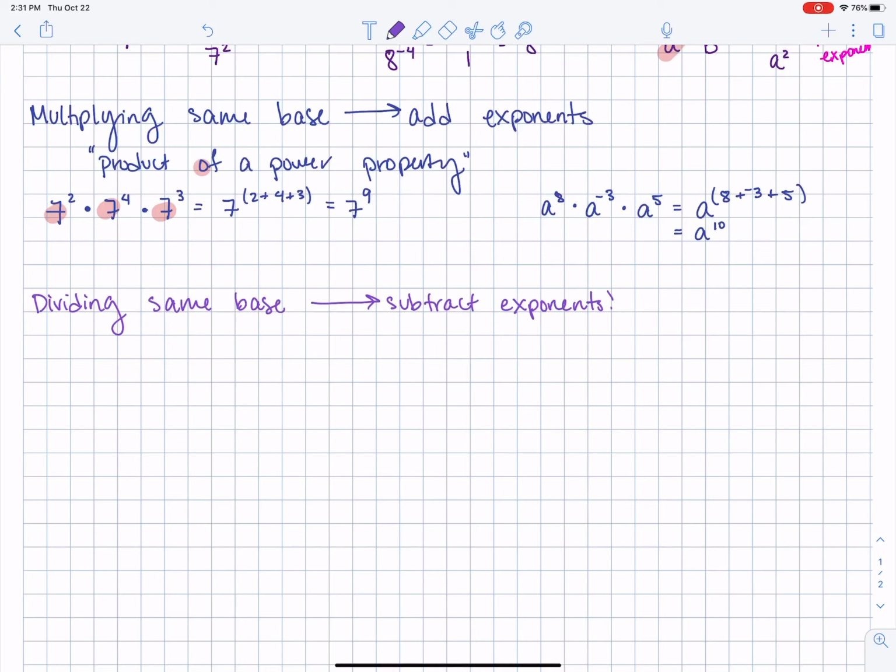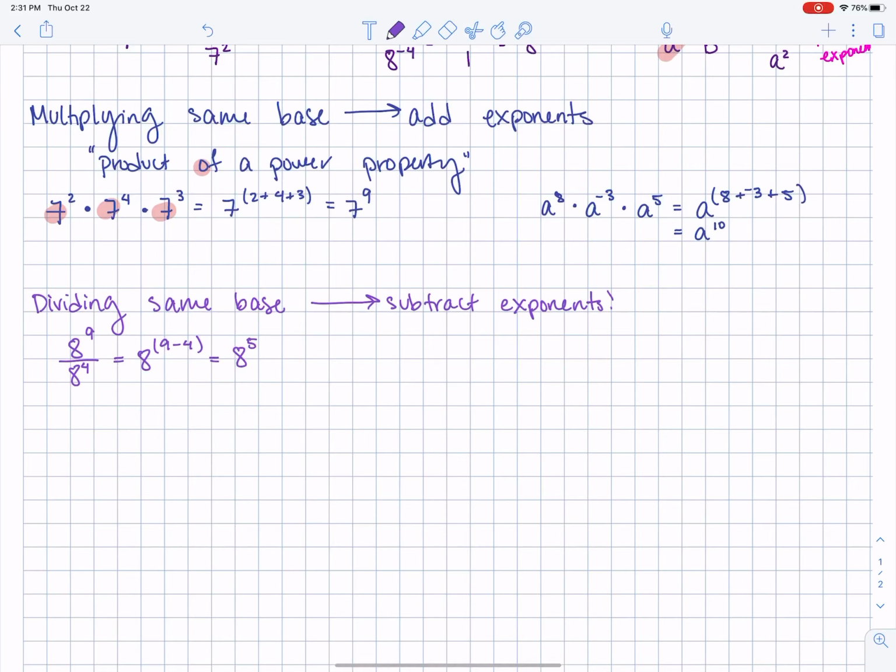Must be same base. So we might have something like 8 to the 9th over 8 to the 4th. That would give us 8 to the power of 9 minus 4. So when we take 9 minus 4, we get 8 to the power of 5.